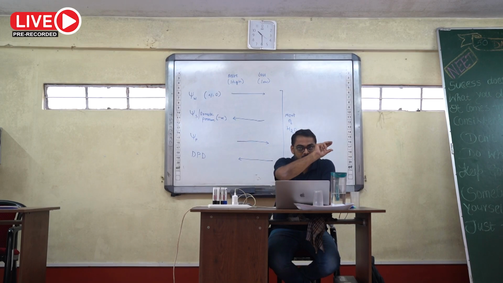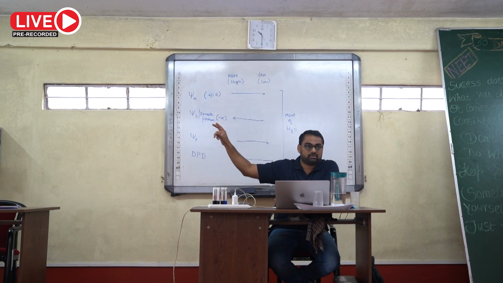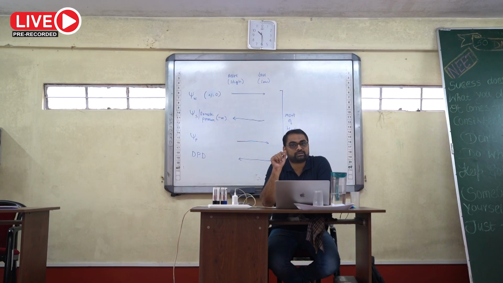False. What is a polysome? One mRNA to which multiple ribosomes are attached. This mRNA can be monocistronic or polycistronic. It is not necessary that it has to be polycistronic. So a polysome is a cluster of ribosomes found on an mRNA.